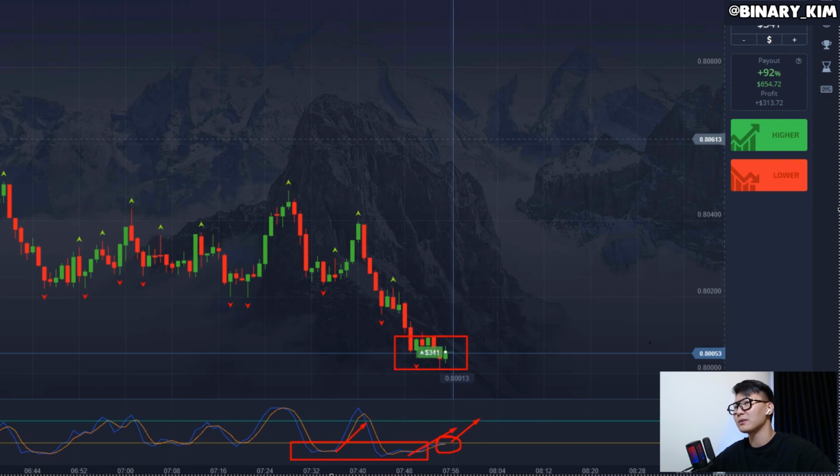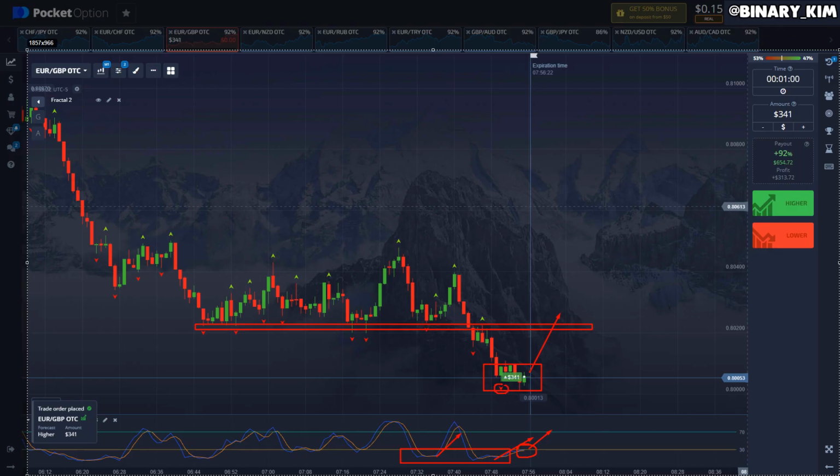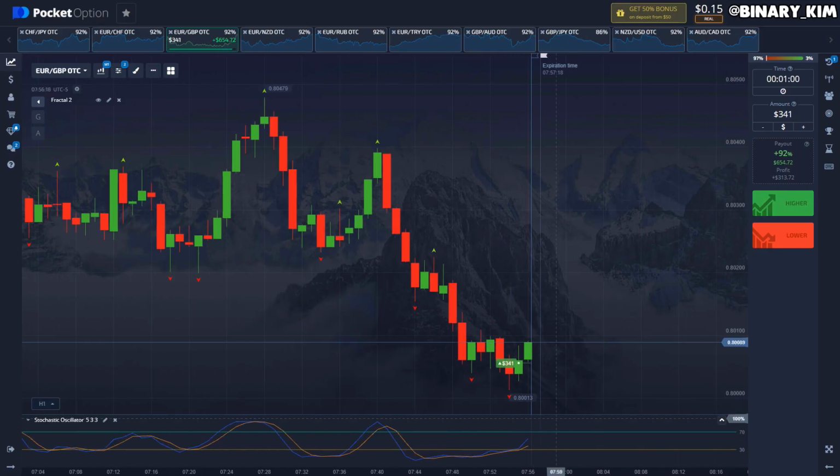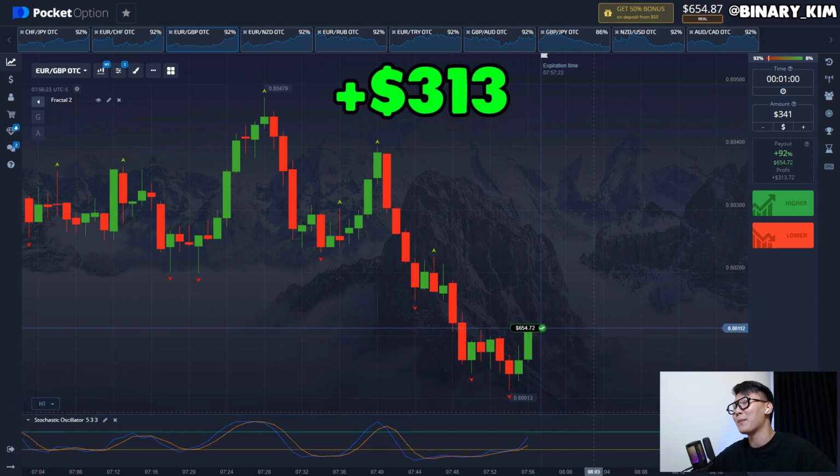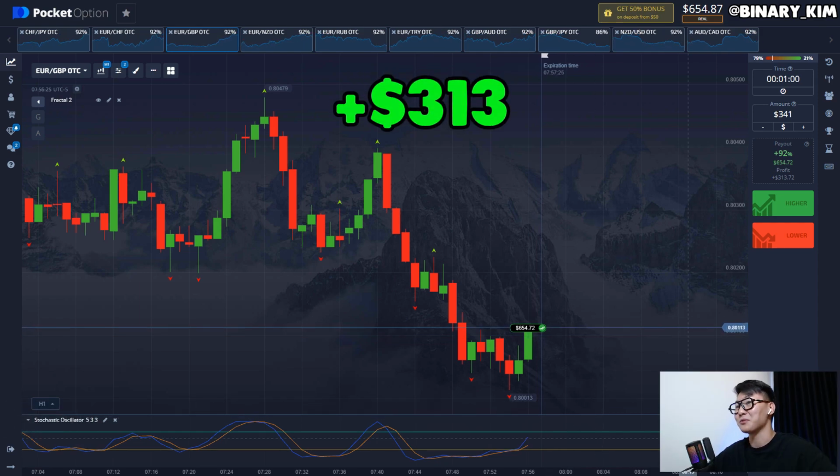Also if we look at the chart, we see that an accumulation zone has been formed, after which the breakout to the upside is likely to happen. Price should retest this resistance level because there was the updating of the local low here. That's why the price is going to move upwards. That's why we open the long guys. Let's see. And here guys, our position is in profit, and let's continue our trading session.